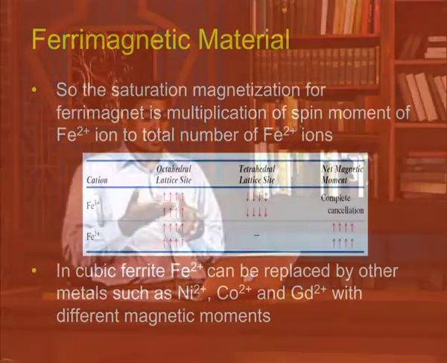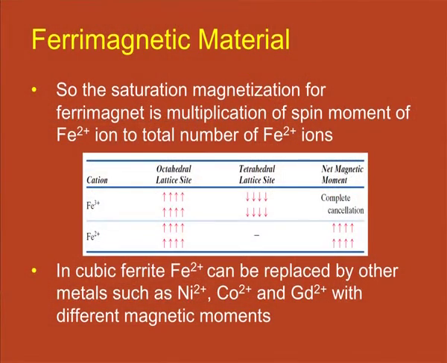So, there is a net cancellation of the magnetic moment. That is why the net magnetic moment due to Fe+3 ion is 0, whereas Fe+2 ions are present only in the octahedral lattice position. That is why there is a net magnetic moment, which is presented here in this table by up arrows.